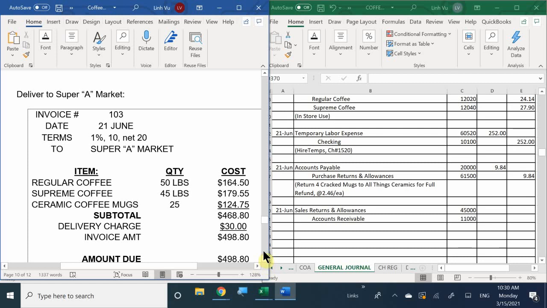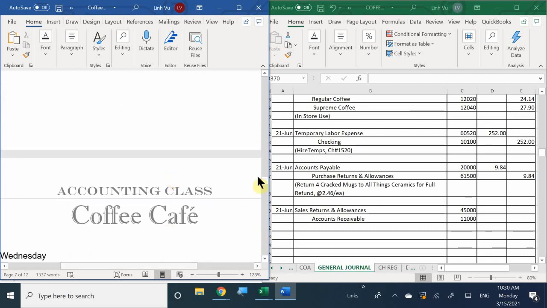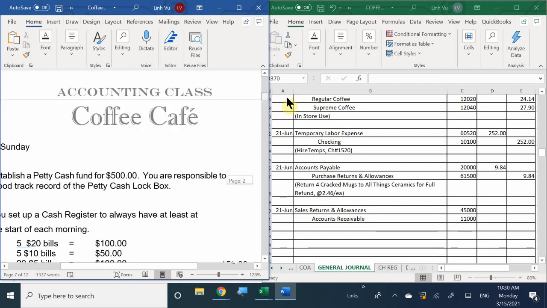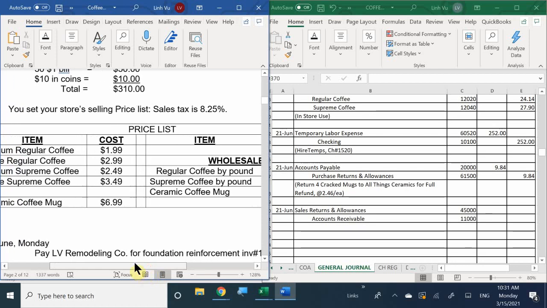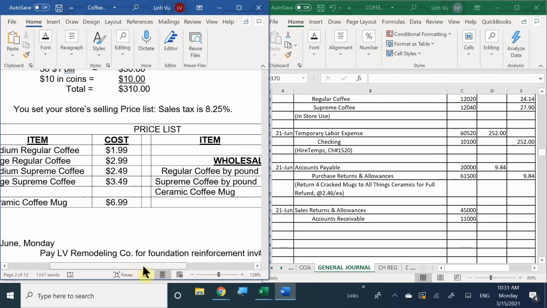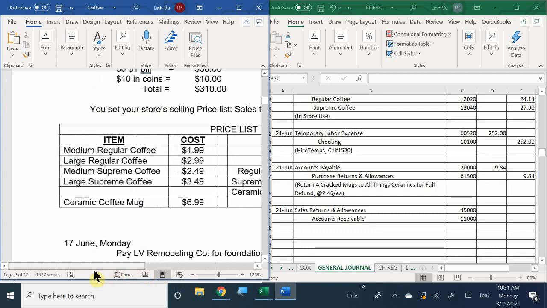That's her invoice amount. I'm asking you how much is each cup that I sold to her. So if you guys go ahead and go all the way up to the top, what were my prices that I set for selling my stuff? How much did I sell to Katie's Coffee Corner per cup? $6.99. Is that a wholesaler or is that general public? I have two of them on here. $4.99. It's going to be for $4.99.